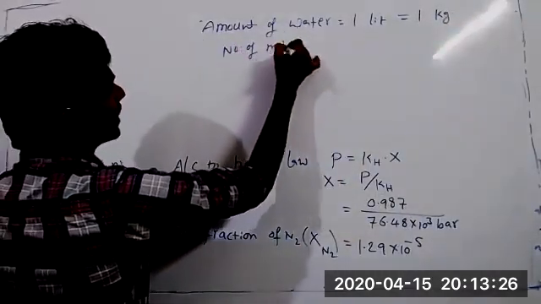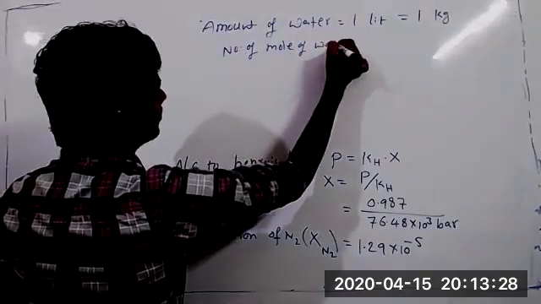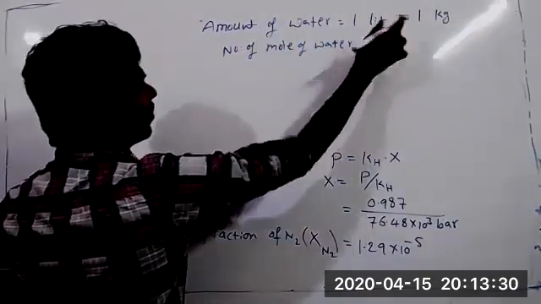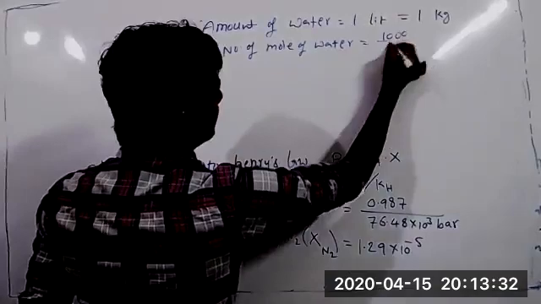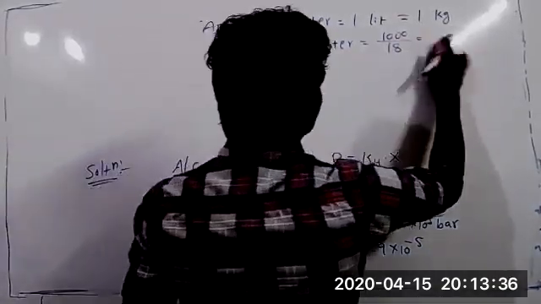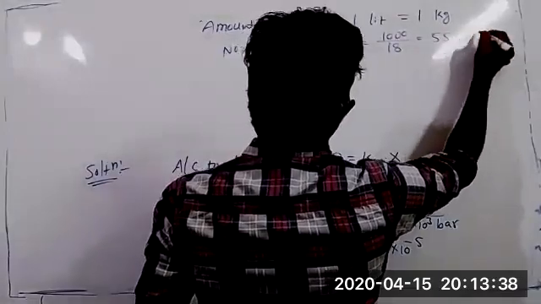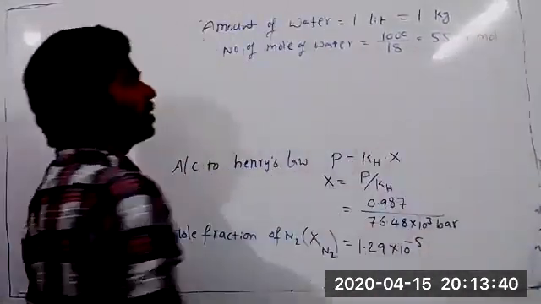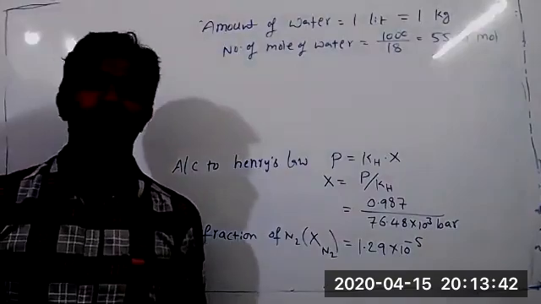Number of moles of water is 1000 divided by 18, which is 55.55 mole.